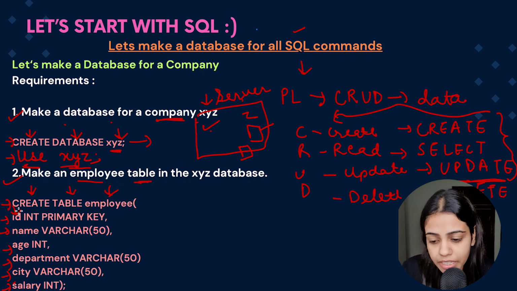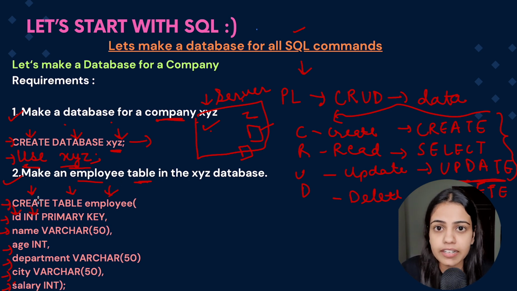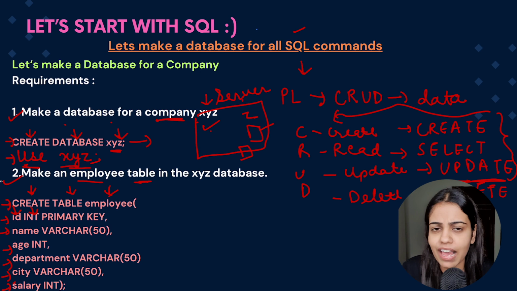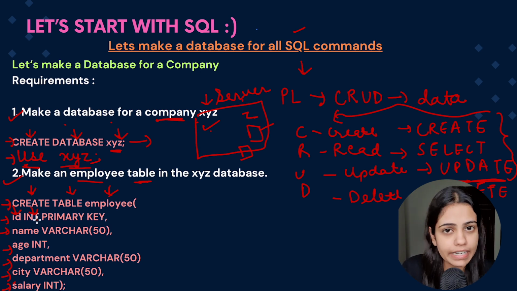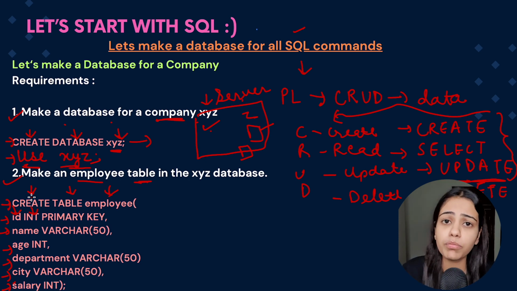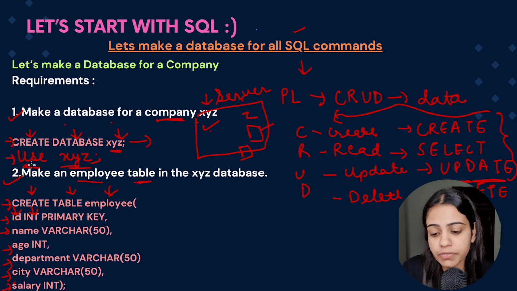We will give the column name followed by the data type, basically what values the column will be holding. ID can hold string values, integer values, boolean values, any values. So we will tell that ID would only be holding integer values. Whenever a person tries to insert a string value or a boolean value, it will throw an error, because we have told that ID would only be storing int values.